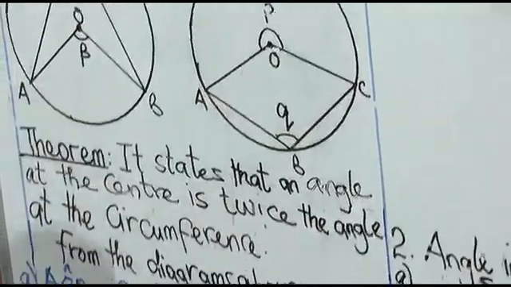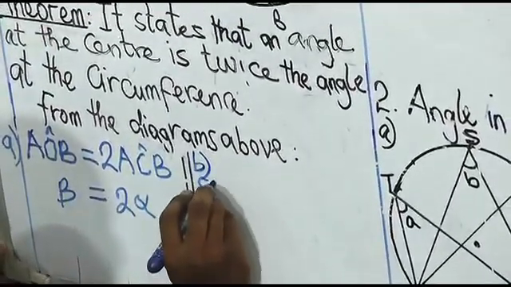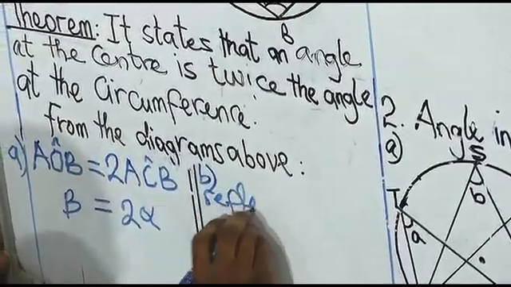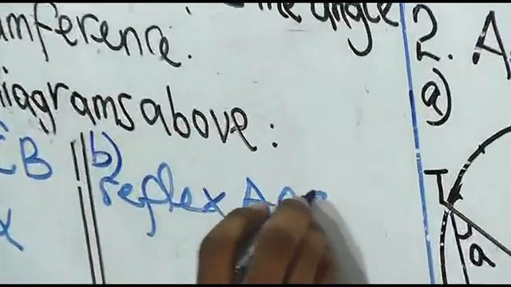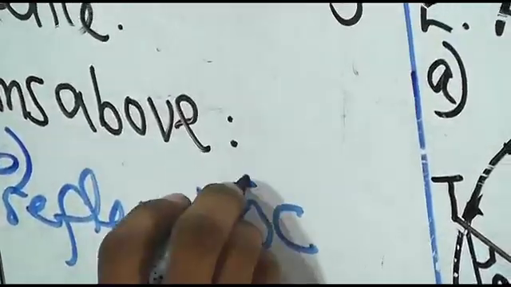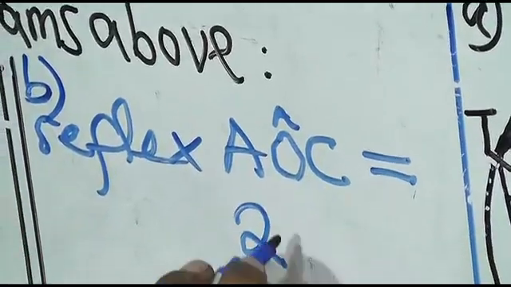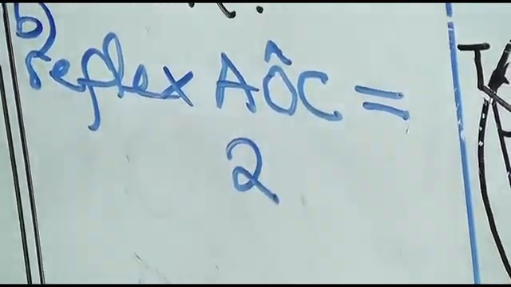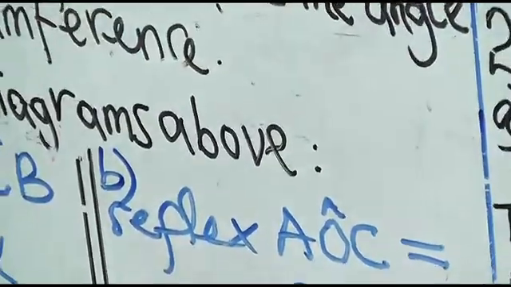So for case B, reflex angle AOC is equal to 2 of the angle at the circumference, ABC.